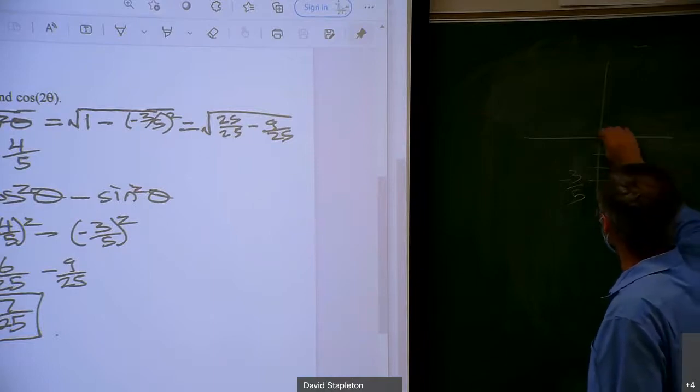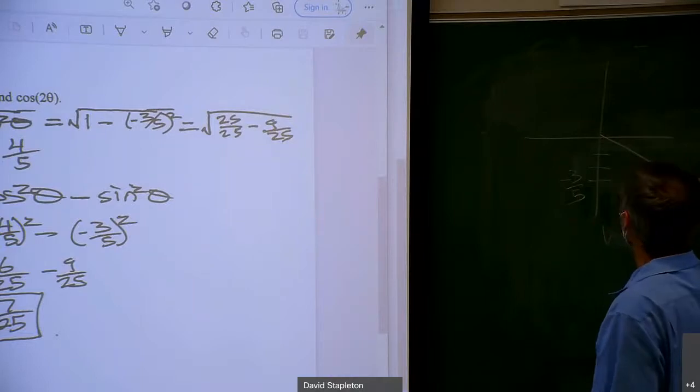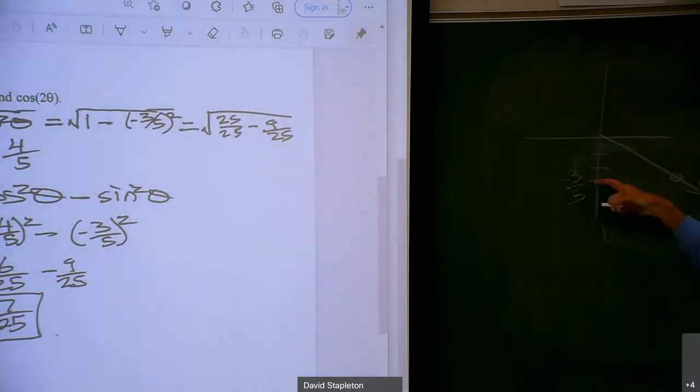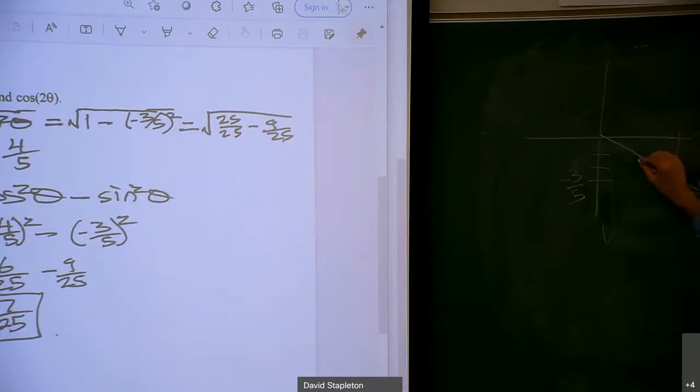I found that cosine, we're in quadrant 4, so we're over here. Right? So I want to be on this terminal ray with sine equal minus 3/5. Here's cosine on the x-axis, right? And what you can do is say, well, if this is on the unit circle, so the hypotenuse is 1, and this is 3/5 on this side because I went down to negative 3/5.